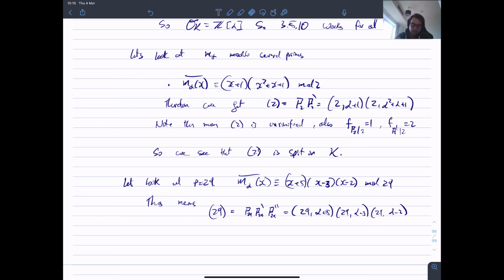In this case, all of these polynomials are degree 1, so you figure out that 29 is totally split. Also, all the residue degrees are 1.